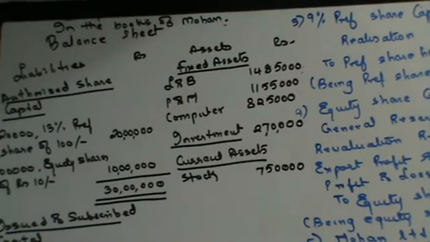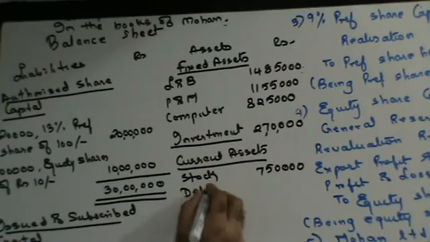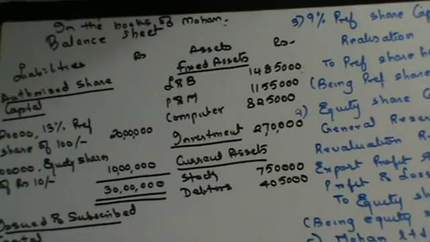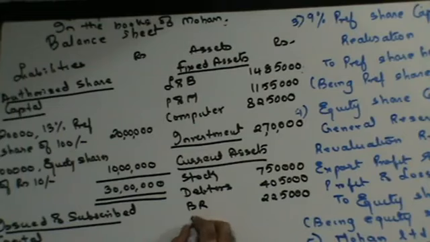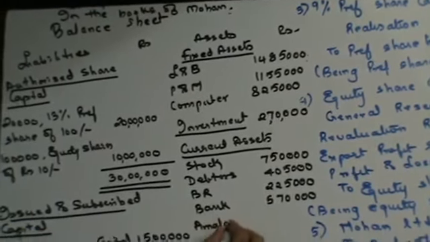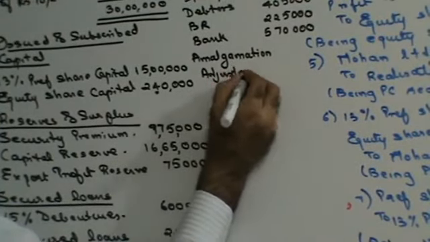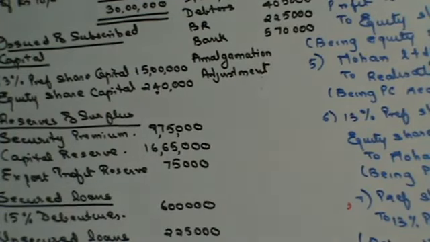Then you have debtors, 4,05,000. Then you have bills receivable, 2,25,000. Then you have bank, 5,70,000. Besides that, you have amalgamation adjustment, 75,000.